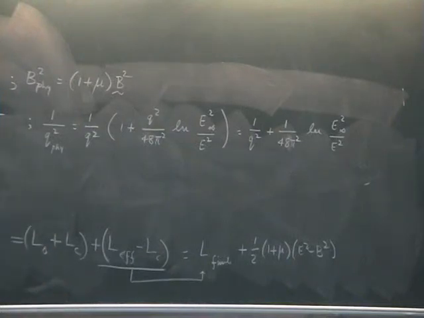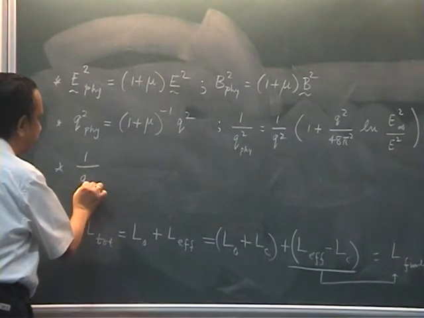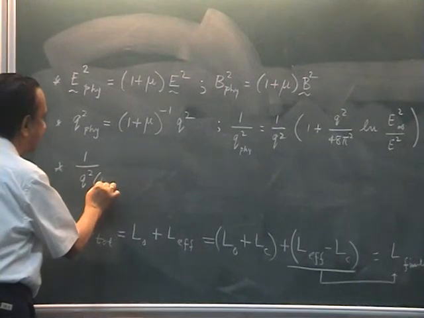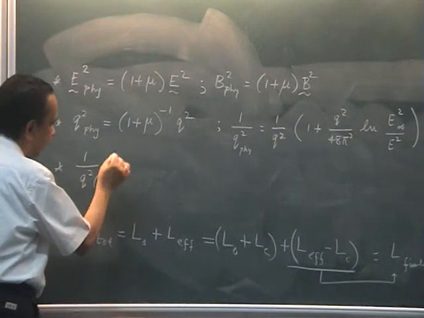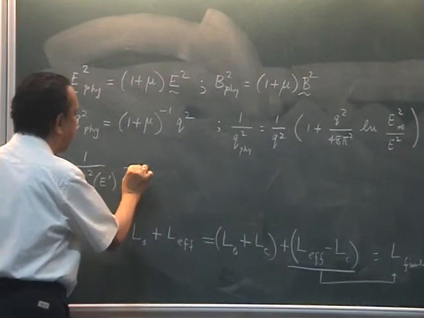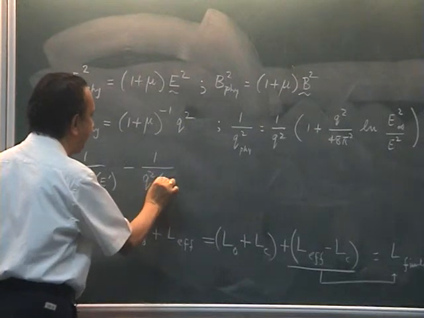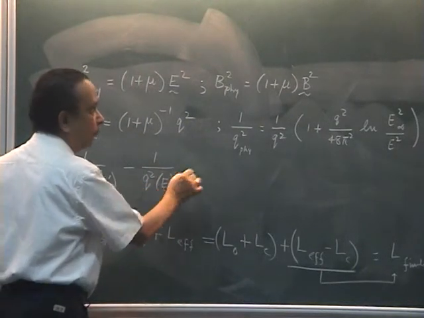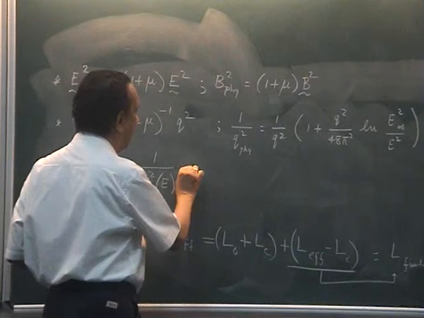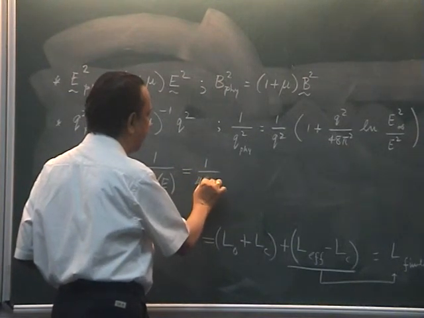Therefore, if I look at the charges defined at two different energies, so it is 1 upon q square physical, now I will just call it, let us say, at E prime, minus 1 upon q square evaluated at E. When I do that, I will have 1 upon 48 pi square.